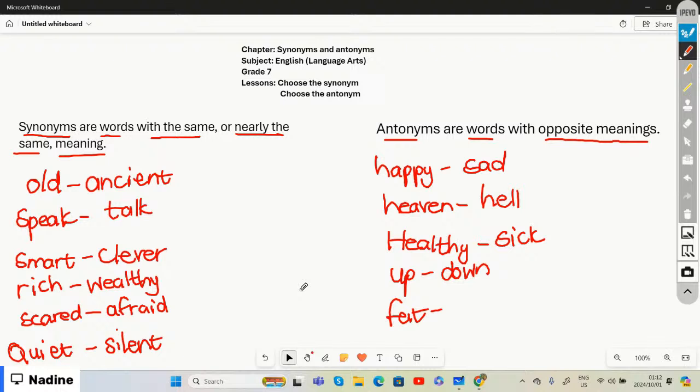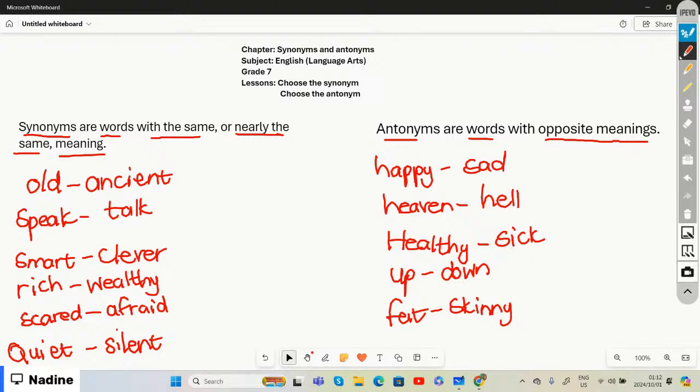And another example is the opposite of fat. It's either I'm fat and chubby or I am thin and skinny. So these are but a few words of synonyms, which are words with the same or nearly the same meaning.